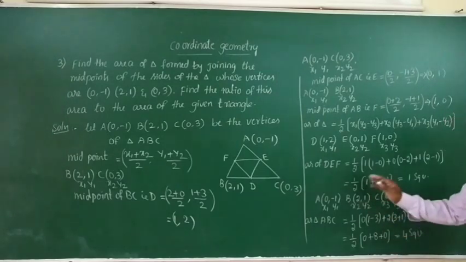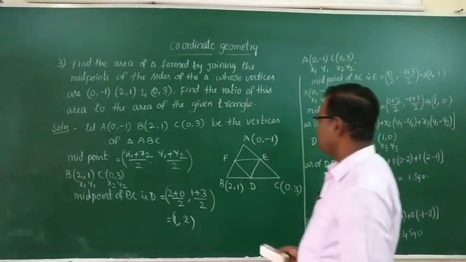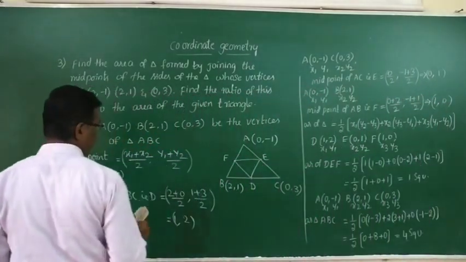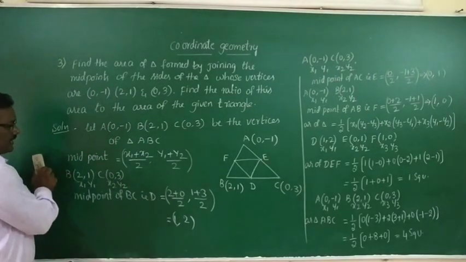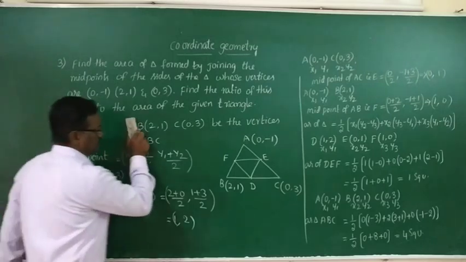Now we have both areas: the triangle formed by joining the midpoints of the sides of a triangle, and the area of the given triangle.